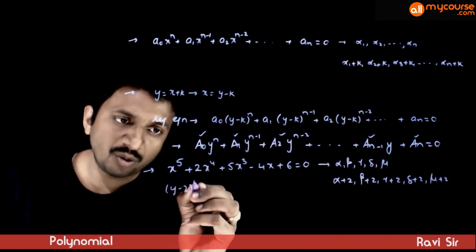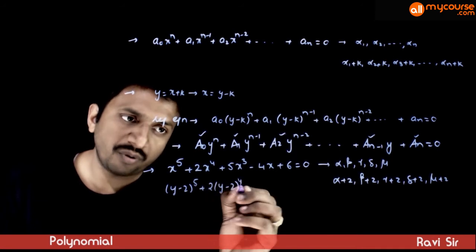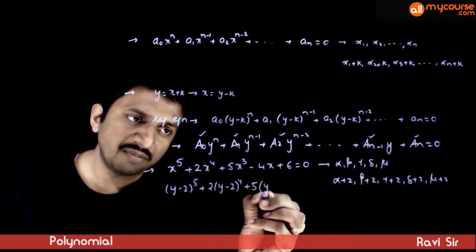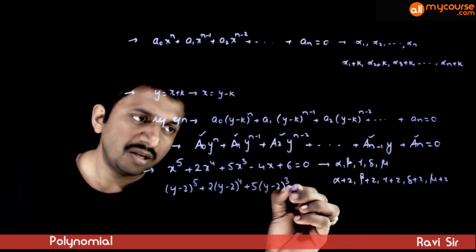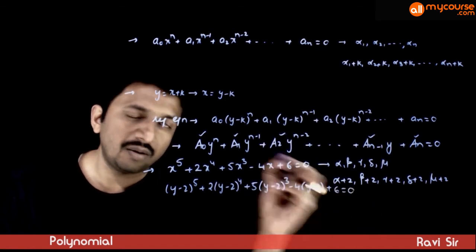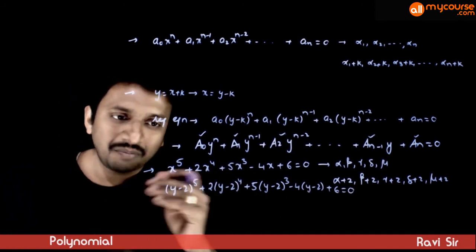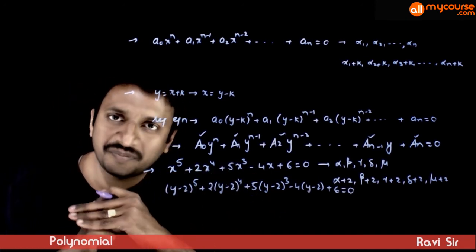So (y minus 2) power 5 plus 2 times (y minus 2) power 4 plus 5 times (y minus 2) whole cube minus 4 times (y minus 2) plus 6 is equal to 0. Till this point it is easy, but to expand this is not very easy.